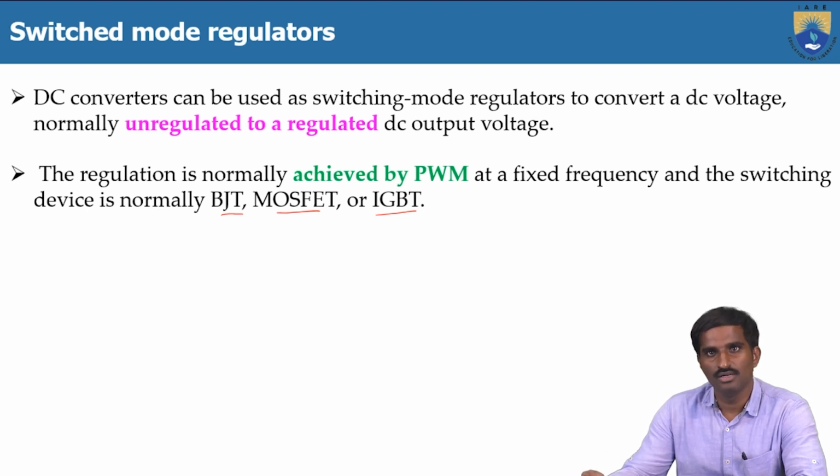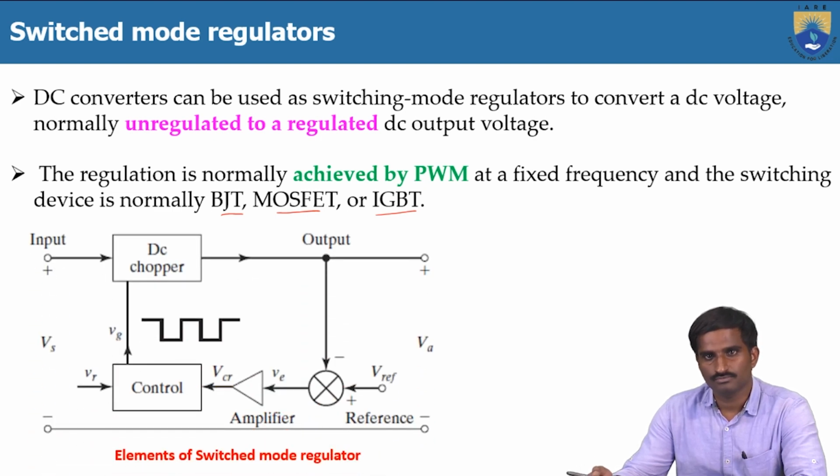But here, the regulated power supply we can achieve by using the PWM technique, which is also a kind of control technique for the DC to DC converter. That's why in the switching mode regulators we are using the BJT, MOSFET or IGBT, which means the fully controlled switches.